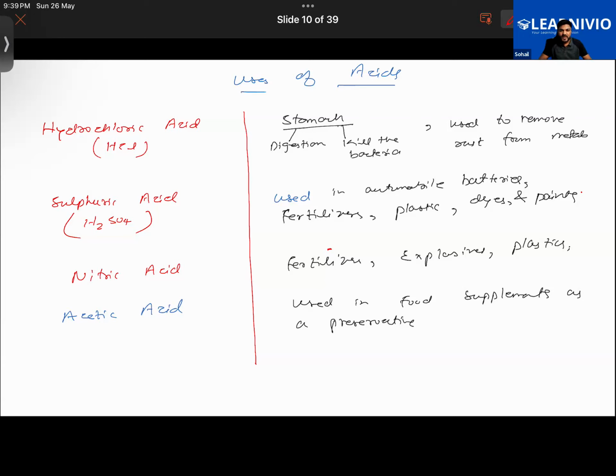If you talk about indicators, you have several other natural indicators. For example, phenolphthalein is also an indicator, and China rose petal is an example of a natural indicator that is also used. Once we go there, we'll be discussing it.